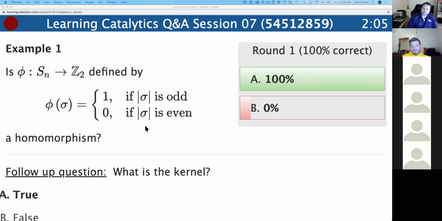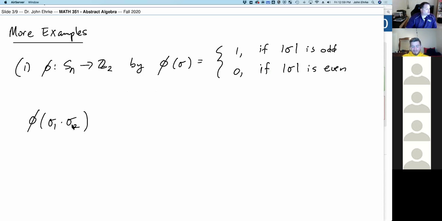How do we prove it? I've got two permutations. Phi of sigma 1 composed with sigma 2. What are the possibilities?